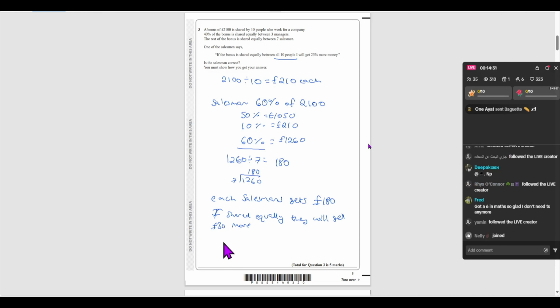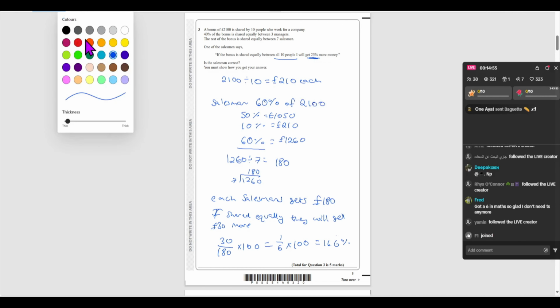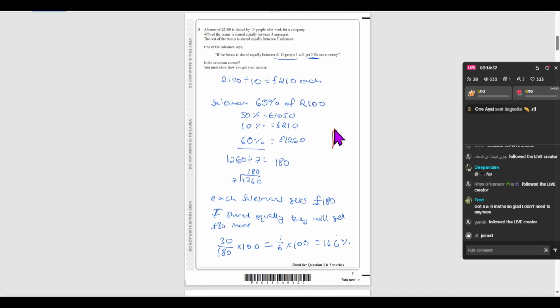We're going to do 30 over 180 times 100, which is the same as 1/6 times 100, which is 16.6 recurring percent more. Now, is he correct? He said he will get 25% more. So he is not correct. The answer is no.